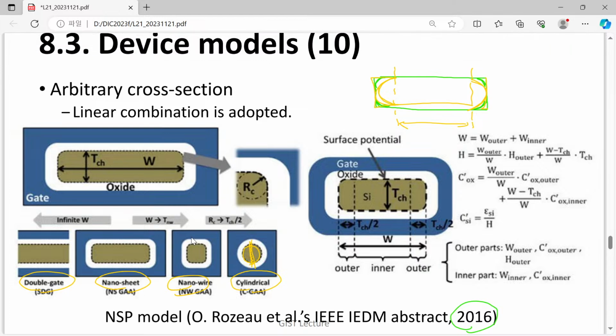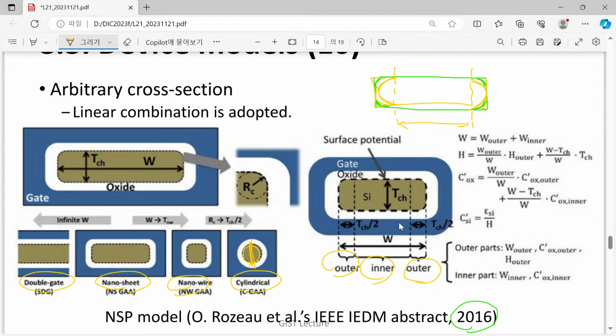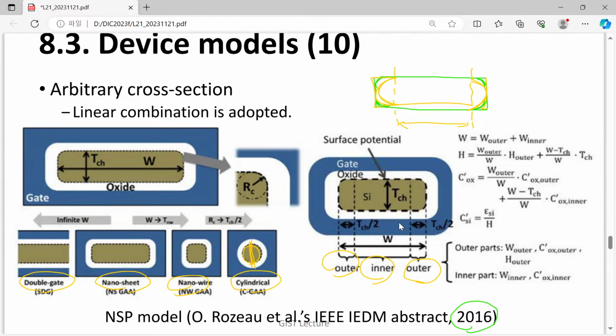With this kind of observation, they divide the device into three pieces, and this part is modeled differently, and this inner part is modeled differently. Sounds great. However, it introduces many different geometric parameters to model this. So are you happy with this?